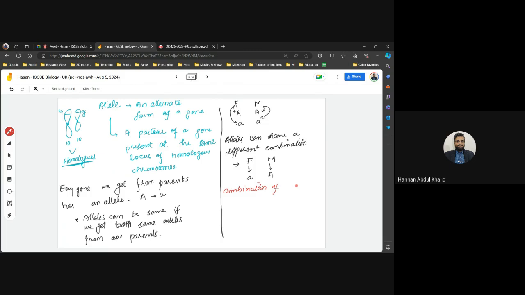Combination of alleles is called as the genotype. In the language of genetics, the combination of alleles is called as the genotype. In a genotype, both alleles can be same. If both alleles are same, we would give it a terminology of homozygous.